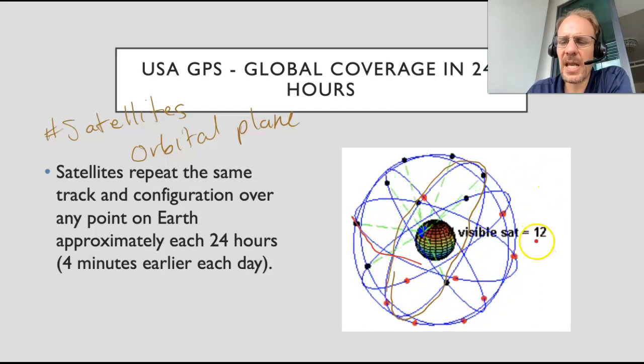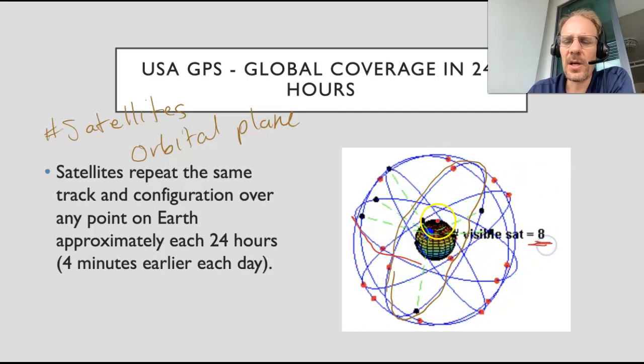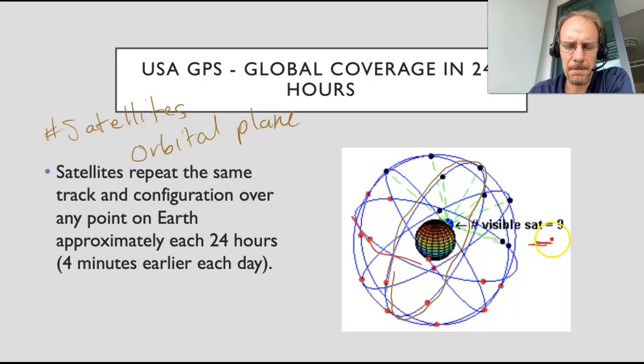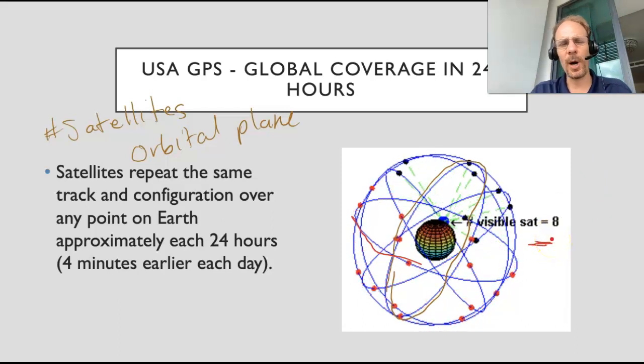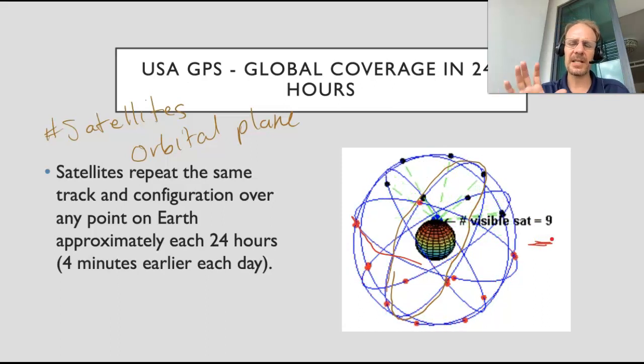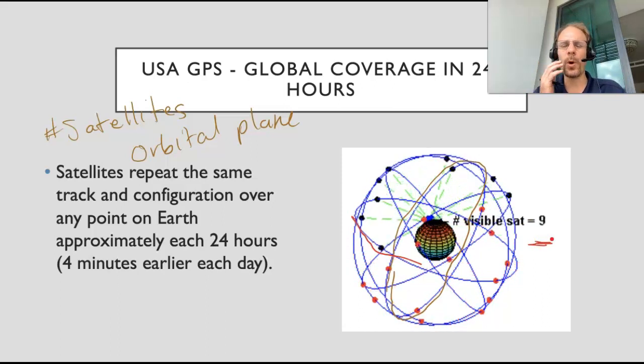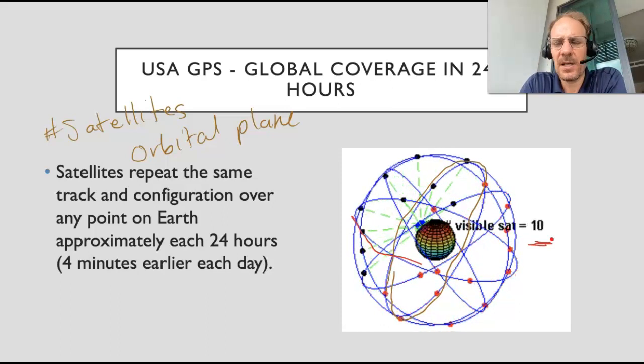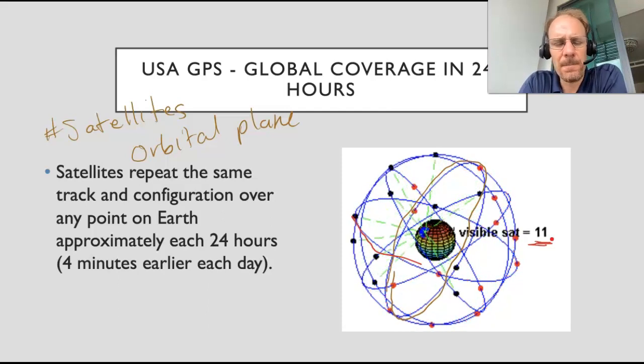You can see that number changing as the world rotates. Sometimes it's as high as 10 or 11, and sometimes it's as low as 6. If you remember from our last lecture, the more satellites visible to us, the more accurate we are, because we can select the satellites that give us the best information. So that is the space segment.